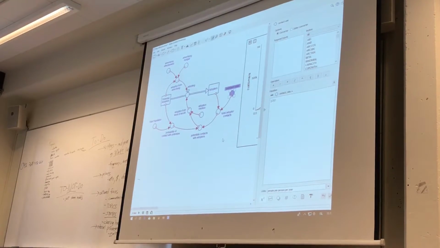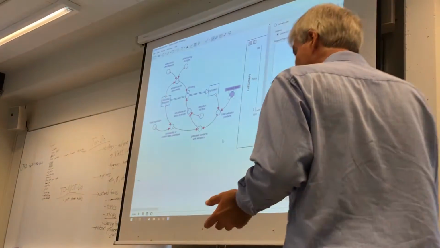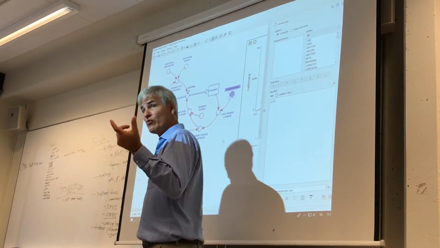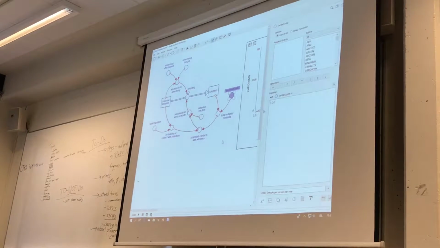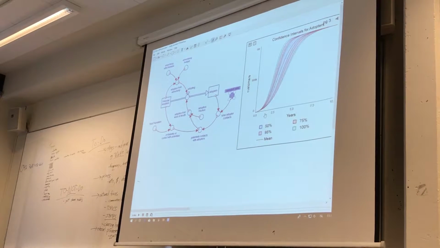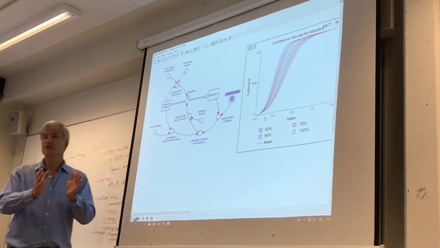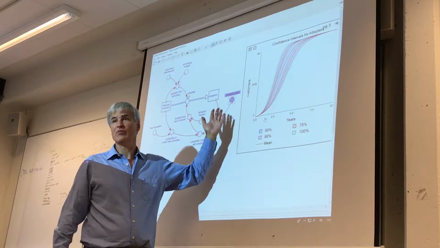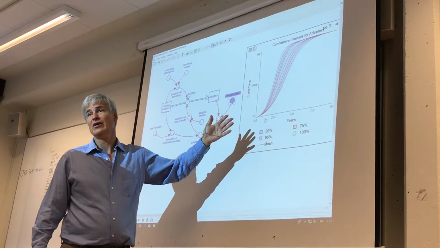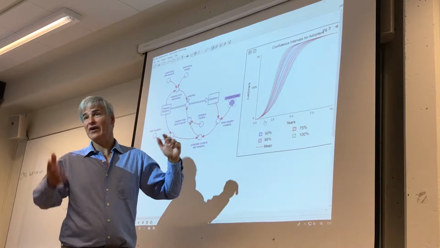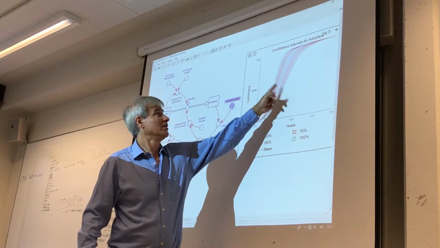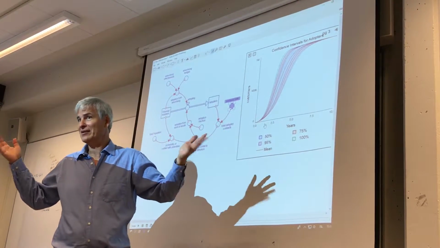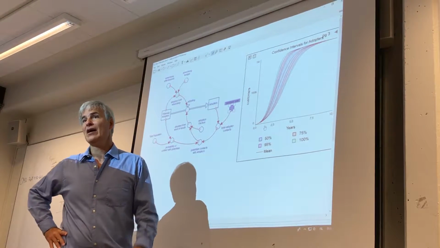If something's uncertain, but I know the range of that uncertainty, this tells me how that translates into a range of uncertainty in the output. If I have a certain range of uncertainty in my parameter, this tells me the range of uncertainty in my output. The 100% line is the total uncertainty that I get out of it.